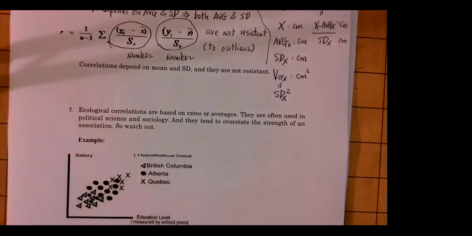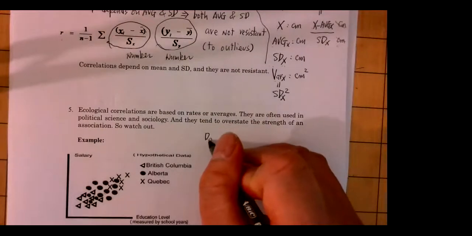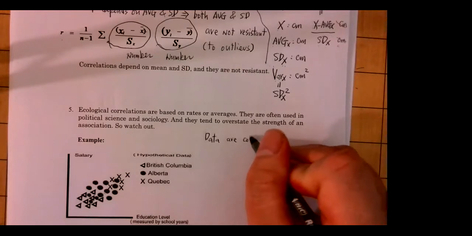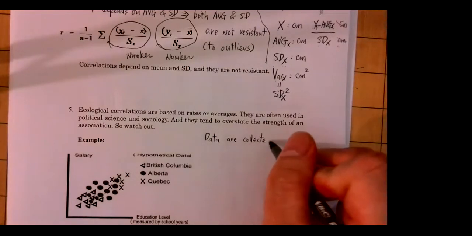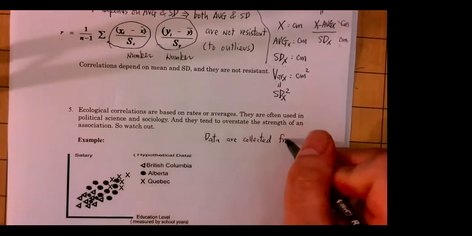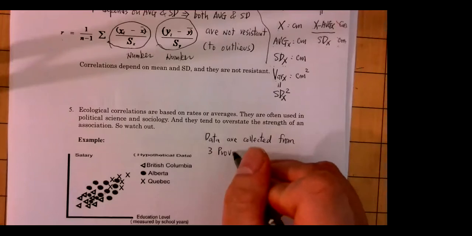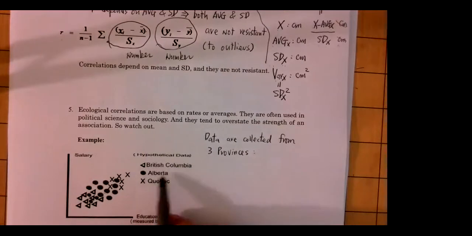Look at the data set, okay? Data are collected from 3 provinces, okay? And they are British Columbia, Alberta, and Quebec, okay?